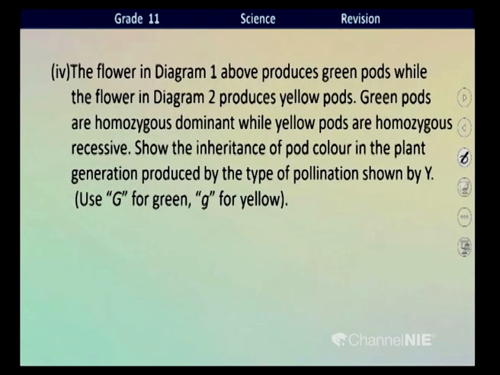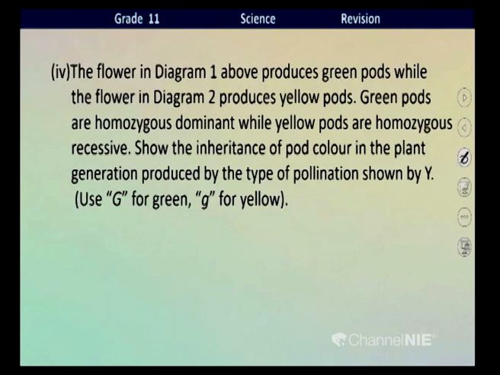The flower in diagram 1 above produces green pods, while the flower in diagram 2 produces yellow pods. Green pods are homozygous dominant, while yellow pods are homozygous recessive.